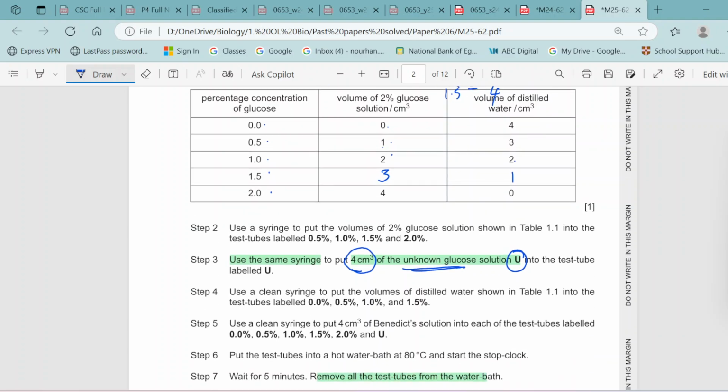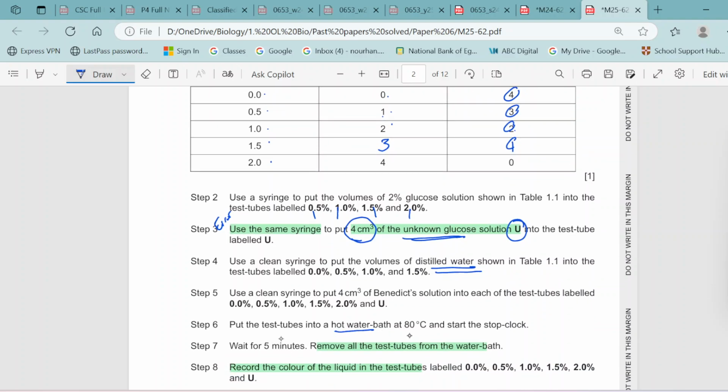Come on, this is a source of error. I use this syringe to put all these, and then I use the same syringe to put solution U. Use a clean syringe to put the volumes of distilled water. I will put the water in the test tubes.